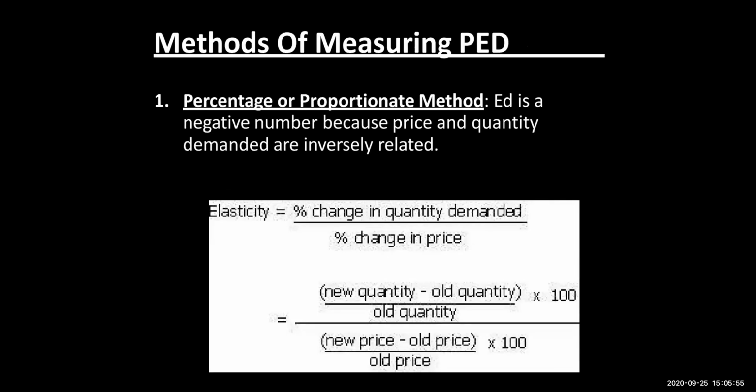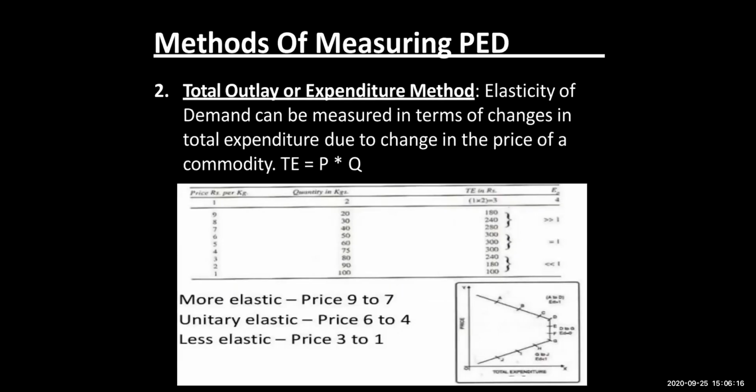Now, there are certain methods of measuring price elasticity of demand. The first method is percentage method, which means percentage change in quantity demanded upon percentage change in price. Or you can say that delta P upon delta Q into P upon Q. Next one, methods of measuring price elasticity.